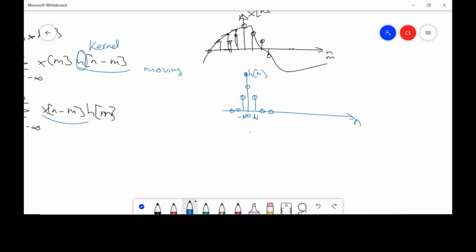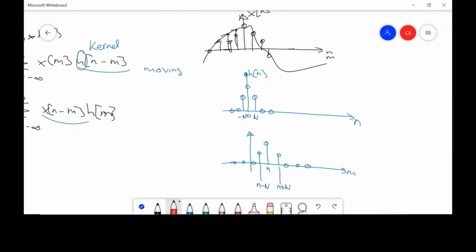So that means that in the m axis, it is shifted to this location. This location is n. And then we have this other location. And the rest are zeros. And this point here is n plus N.